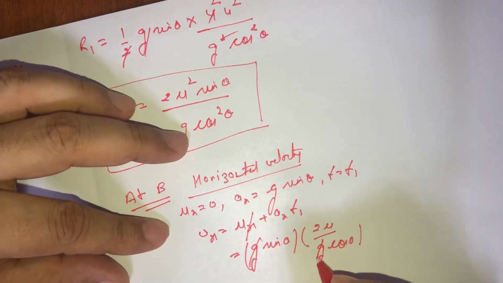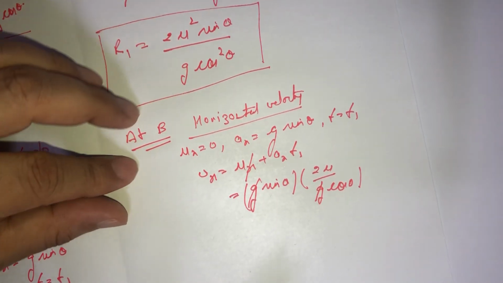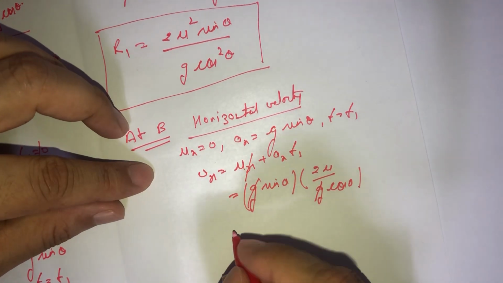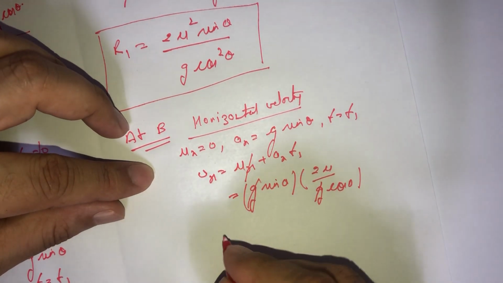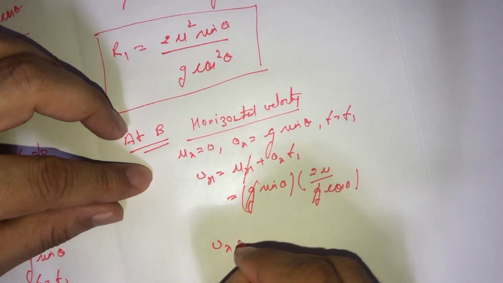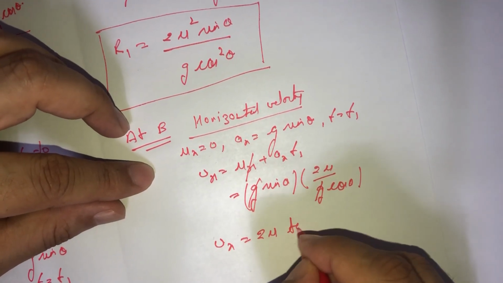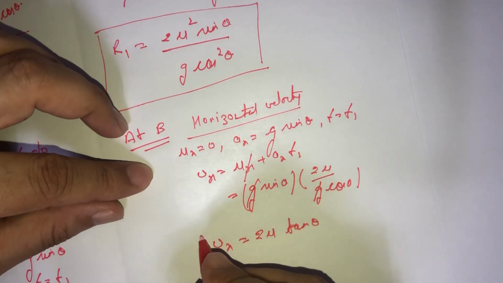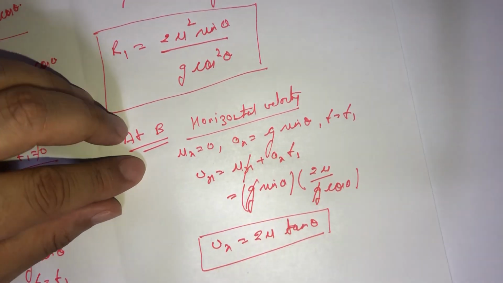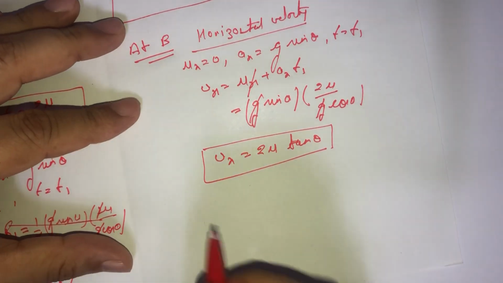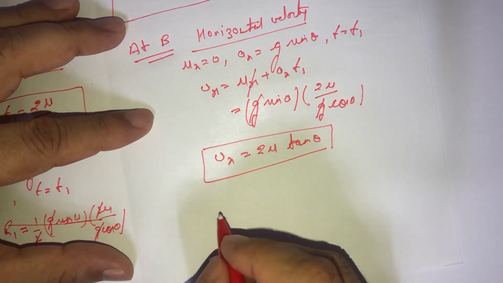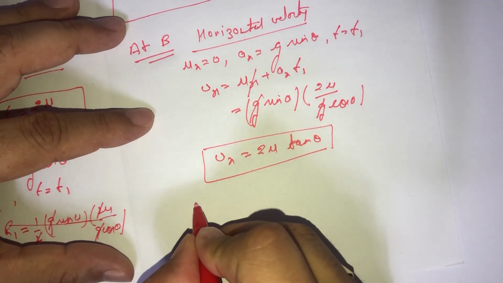So g cancels out with g, and we get v of x is equal to 2u tangent of theta. Now we find the vertical velocity.